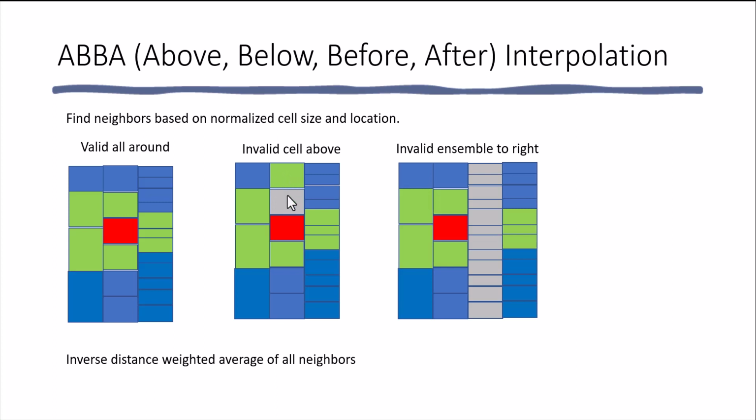It would continue to have an influence on the value of our target cell, but because the distance is now larger from the center of our target cell to the center of our next valid cell, it would have less influence on the value than those immediately surrounding our target cell. Similarly, if we have a whole ensemble that's invalid next to our target cell, it would continue to look in that direction until it found overlapping depth cells.